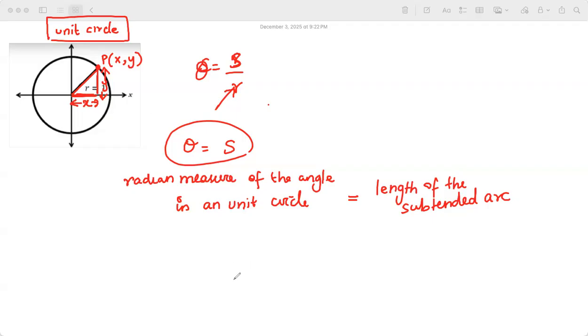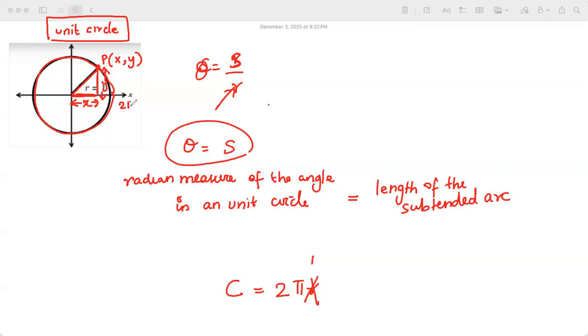Now, you know the circumference of a circle is 2 pi r, correct? Circumference means it's the full circle, right? Now, in this unit circle, I'm going to substitute r equal to 1.